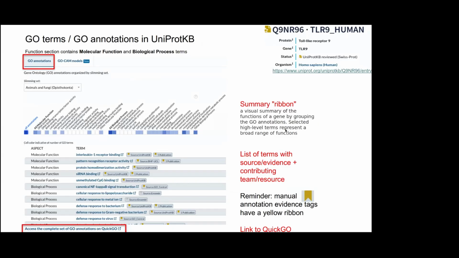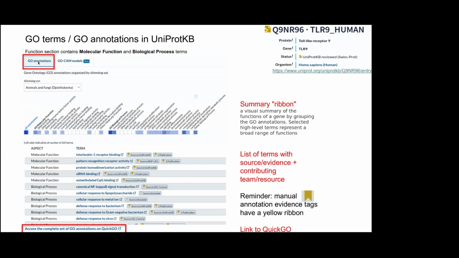Now we'll explore how the GO annotations that Patrick described in detail are integrated into this entry view. We're in this human TLR9 entry, where the function section, you remember, contains some free text paragraphs about the protein function, but it also contains GO annotations from the molecular function and biological process ontology.